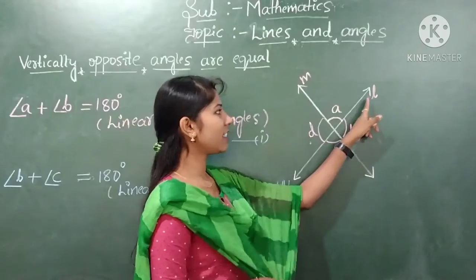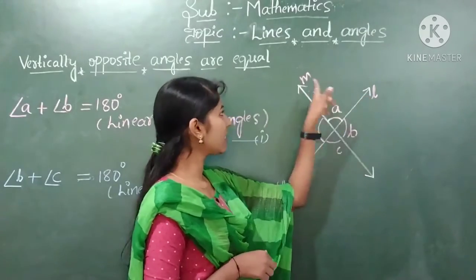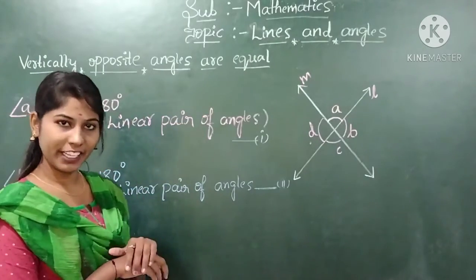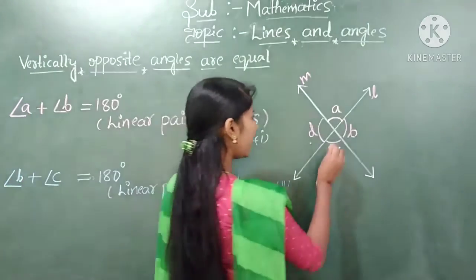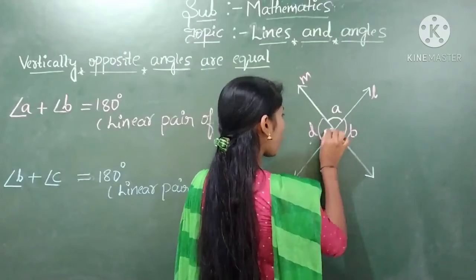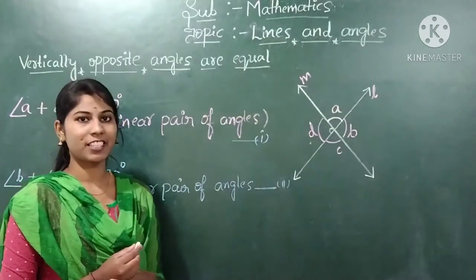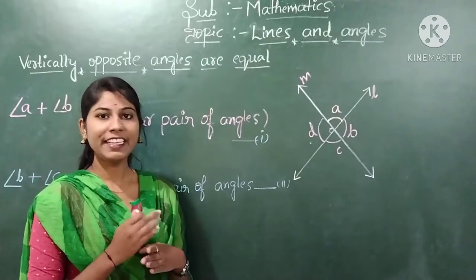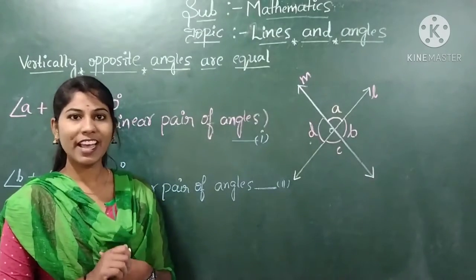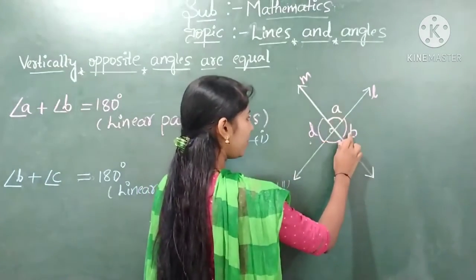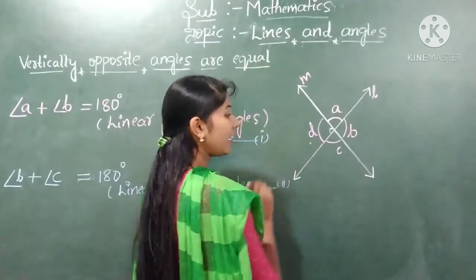This is a line L and this is a line M. Those two lines intersect each other at the point O, and you will get some angles. What are the angles you can see here? This is angle A, angle B, angle C and angle D.